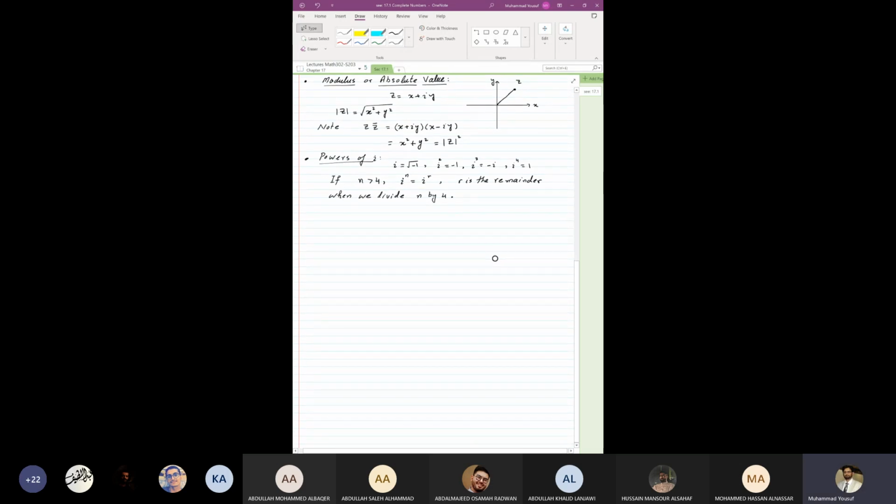So when we divide n by 4, what is the remainder? That is r.